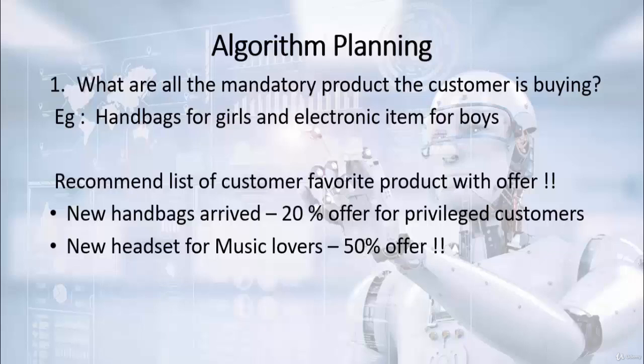Then new headset for music lovers with 50% offer. We used to get these types of mails from Amazon, Flipkart, right? It is all based on the algorithm. By sending these types of mails to the customer, there are more possibilities that the customer will purchase for sure, because that's how their mind works.